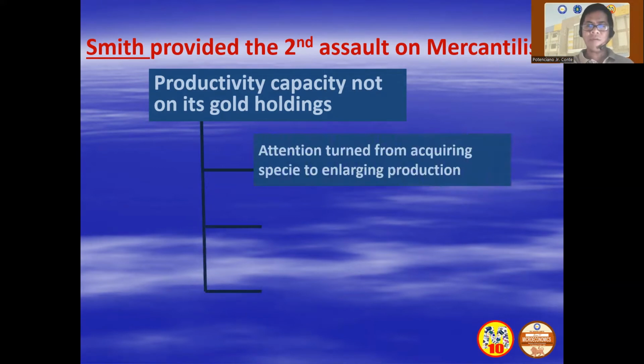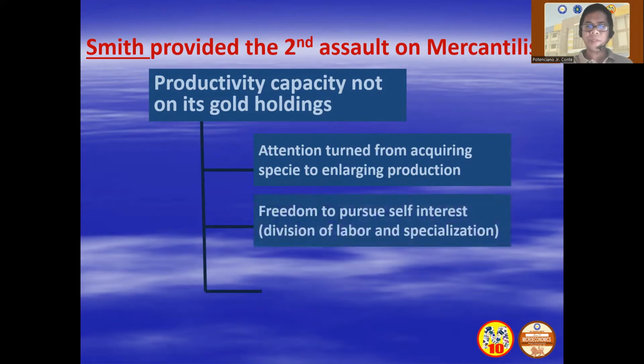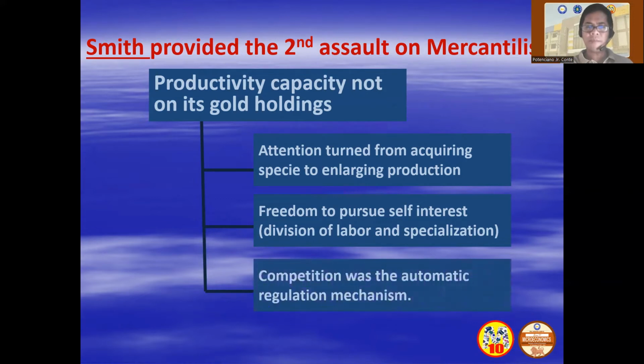So, attention turned from acquiring specie, gold or silver, to enlarging production, freedom to pursue self-interest through division of labor and specialization, because these are believed to propel higher productivity levels with more efficiency, more effectiveness, and lesser cost. And that competition was the automatic regulation mechanism.